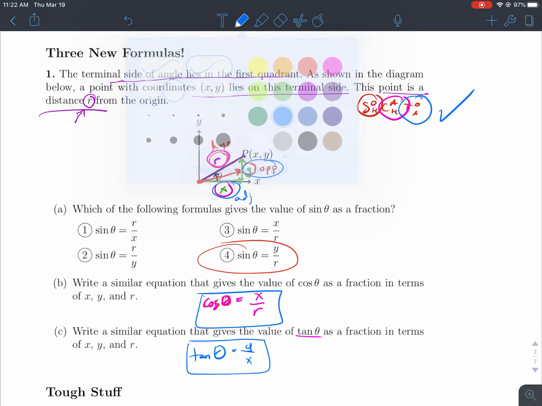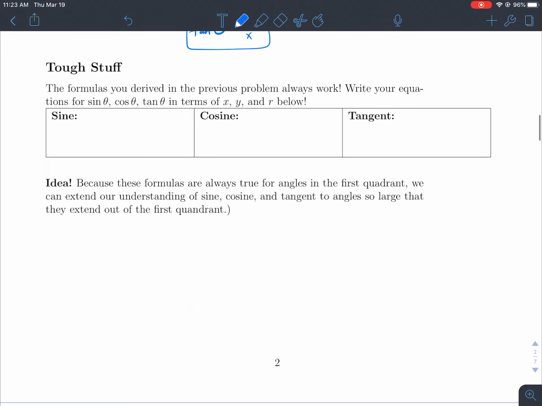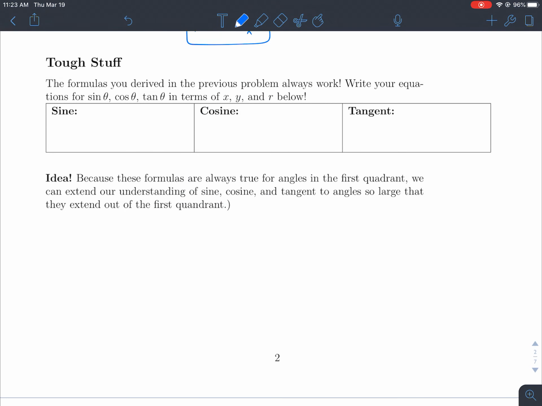So instead of SOHCAHTOA, we've got a mnemonic that's kind of impossible to say, but we've updated our trig formulas so that instead of being trapped in a triangle, now we have formulas that work for the coordinate plane, because any point will have a y coordinate, an x coordinate, and a distance. So we're going to see in a second that these updated definitions actually are super helpful.